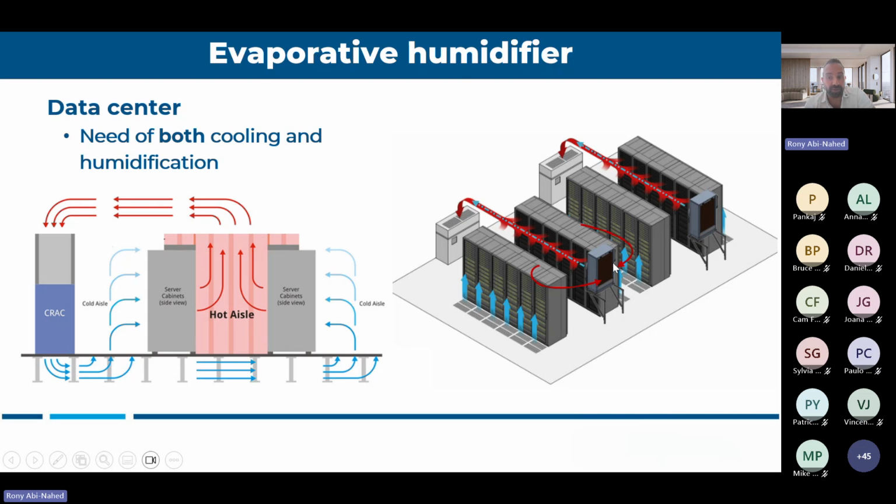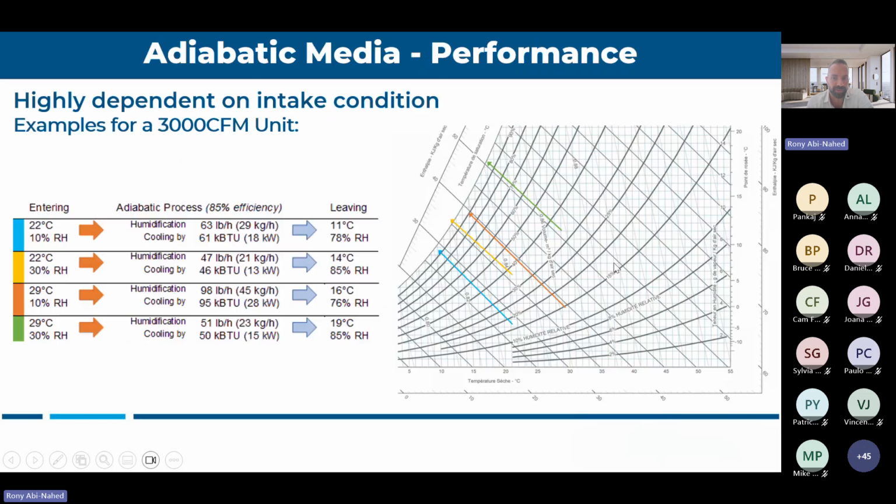They are not AC units. So if there's no demand for humidity, these units will not operate. So you need some kind of outside air at some point, or some kind of demand of humidification for these units to operate. Usually it's good for data centers, because the hotter and the drier the air is, the more efficiency you will get out of it.